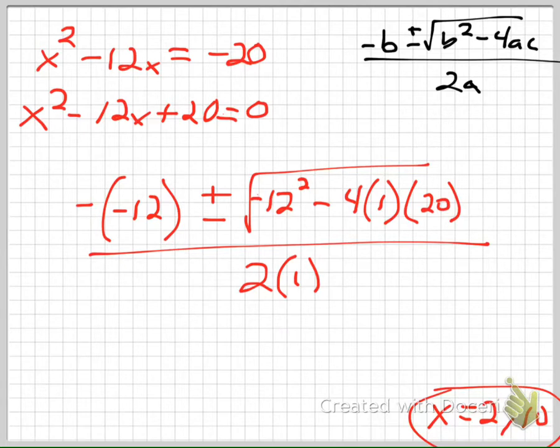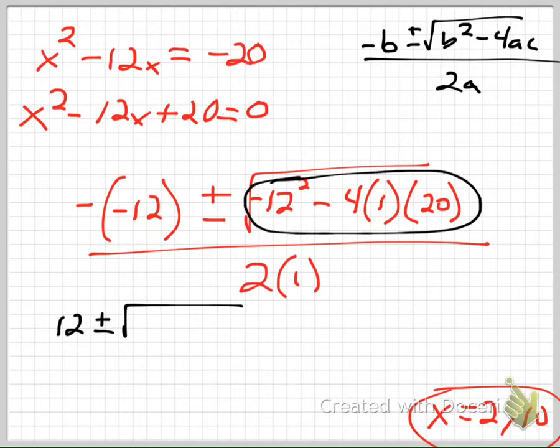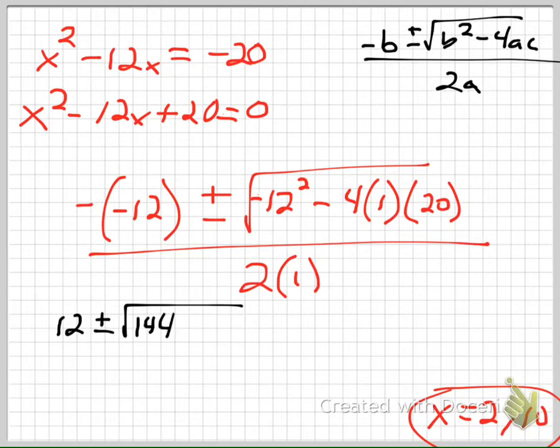Now we solve it. What is minus 12? Plus or minus the square root of. Inside of here, what am I going to do first? The exponent, right? What is negative 12 squared? 144. So 144. And then I go, what is negative 4 times 1?